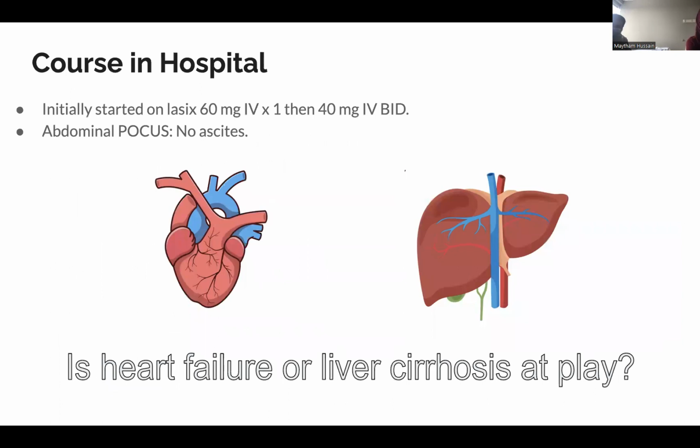So on admission, he was initially given a one-time dose of 60 IV of Lasix and then started on 40 IV BID. To everyone's surprise, his abdominal POCUS actually did not show any ascites. And so at this point in time, the possibility that his presentation was in keeping with heart failure rather than cirrhosis became more likely.